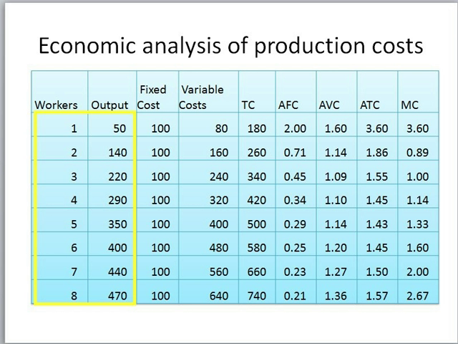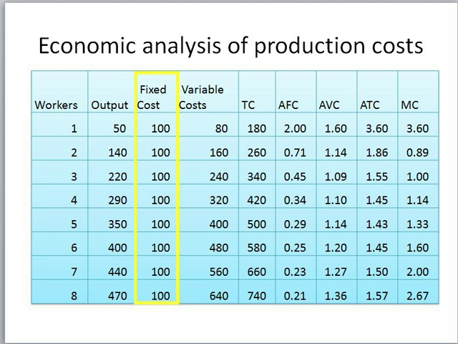If we have one worker only, the output will be 50 units, and if we have two workers, the output will be 140 units. If we have three workers, we will have 220 units, and so on and so forth. So the more workers we have, the more we produce.